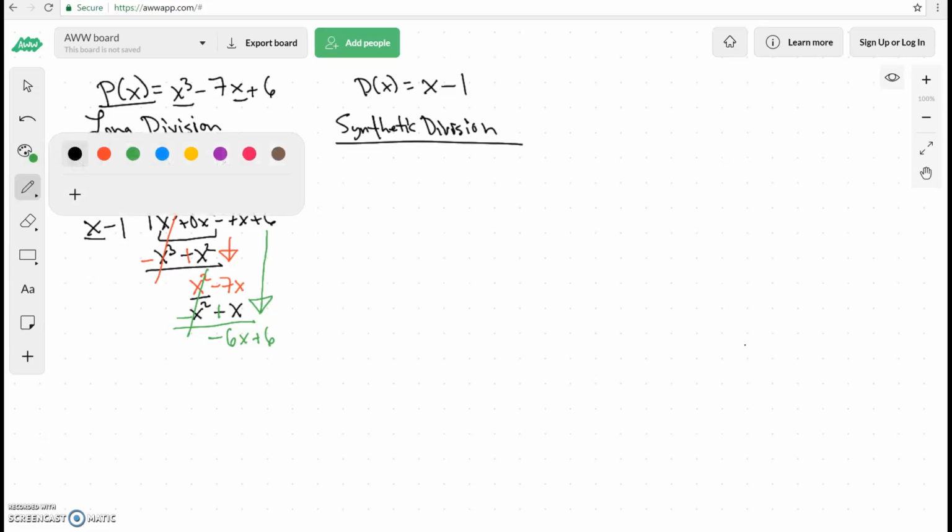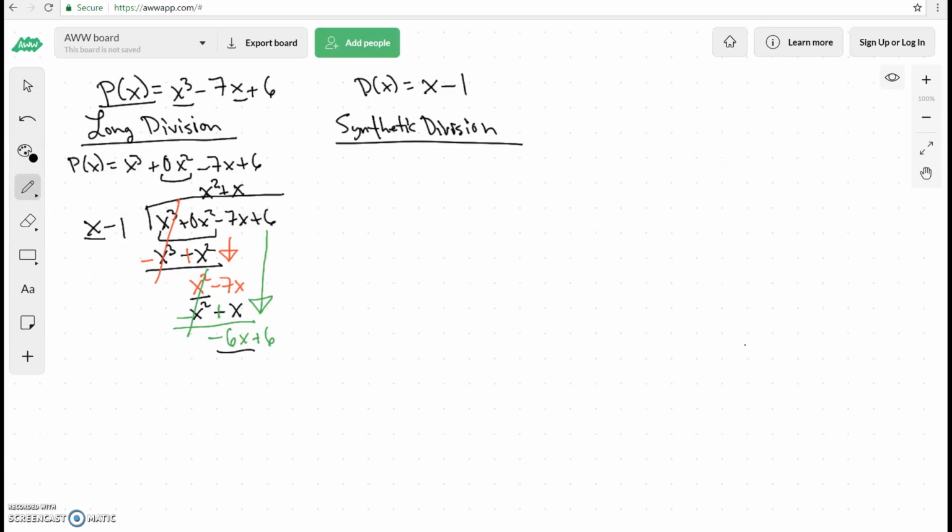Okay, now I want to go ahead and get rid of this negative 6. So I'm going to multiply this by a negative 6, knowing that it's going to change sign. Negative 6 times x gives me negative 6x. And then negative 6 times negative 1 is going to give me positive 6. Since it's down there, everything changes sign, positive, negative.